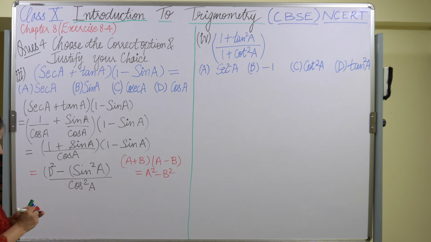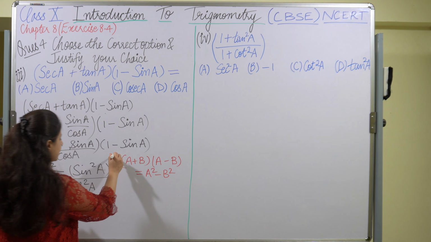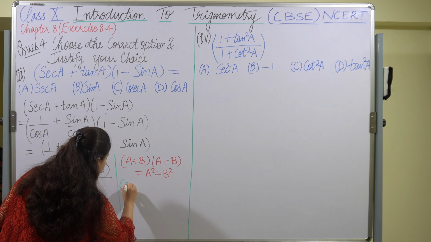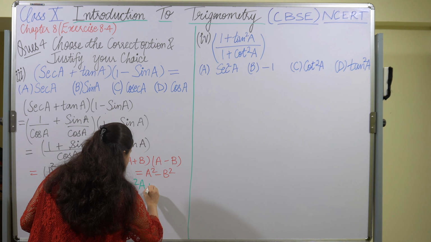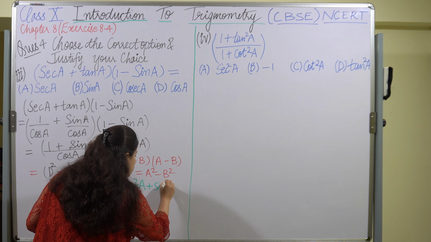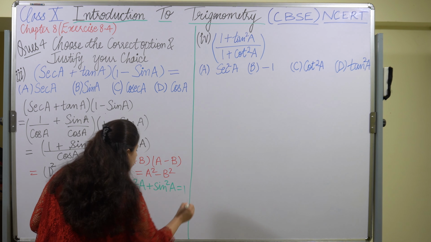Now we know there is a first identity, cos square A plus sin square A is equal to 1.